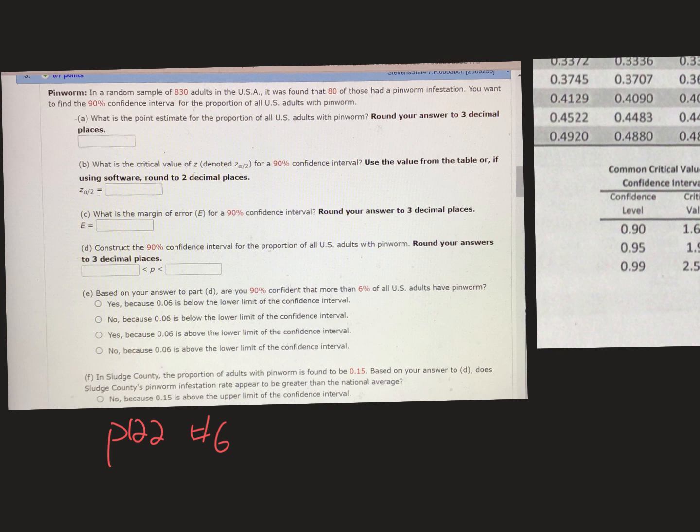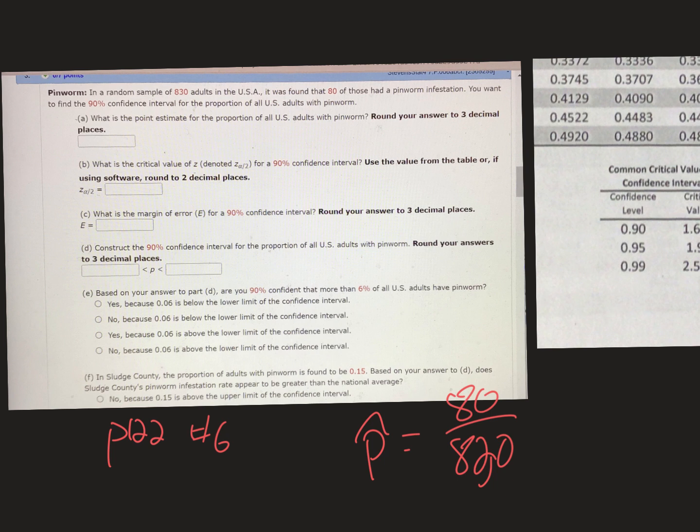So what's the point estimate for this? Well, we don't know the population proportion of people with pinworms in this county. So we're going to use our sample result as an estimate of what that population is. In that case, we can do p hat. You always take the number of successes, and the success in this case is somebody having pinworms, divided by the total, which is 830.